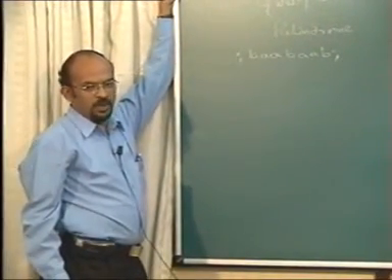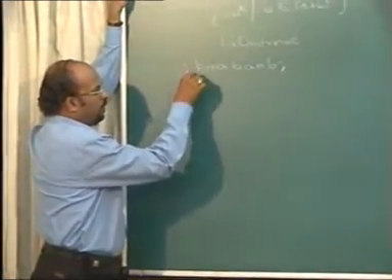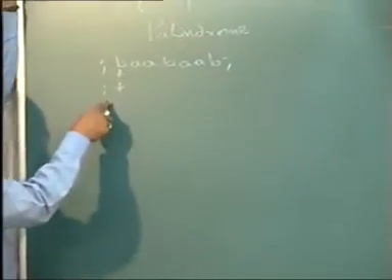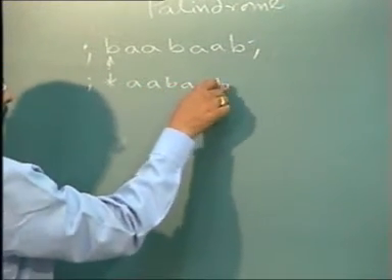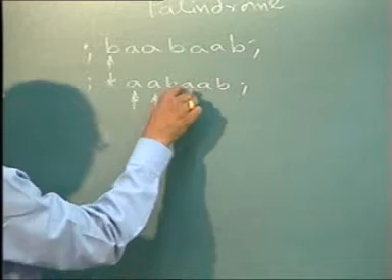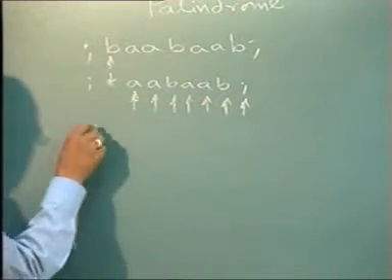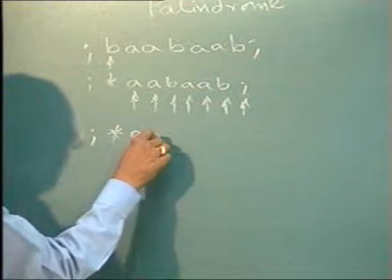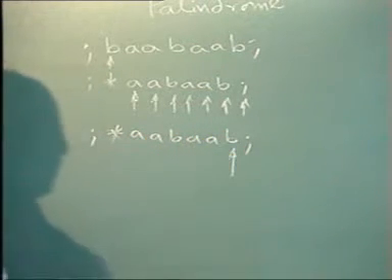How will the simulation be? Mark the first B. Mark the first symbol and move the head to the right by one position. And then keep on moving to the right till we get a semicolon. When we get the semicolon, move one position towards the left.